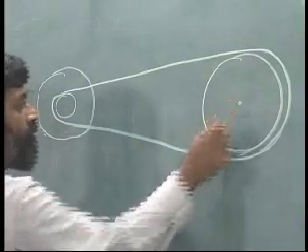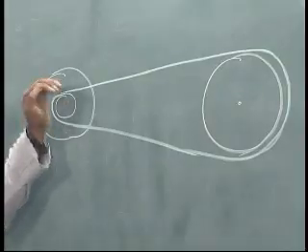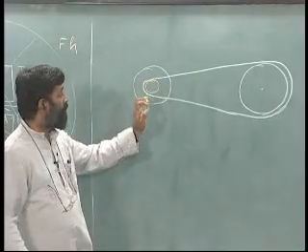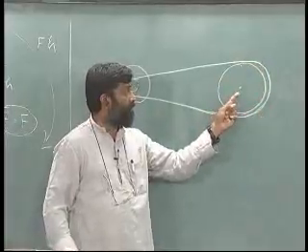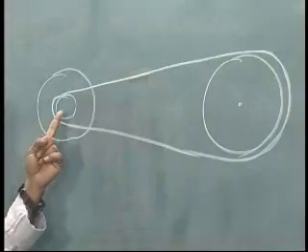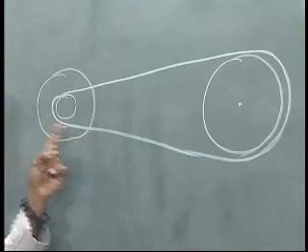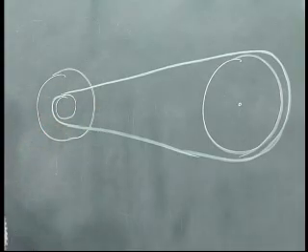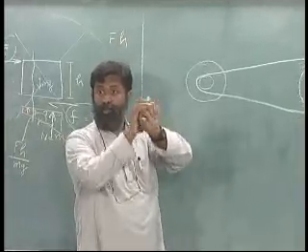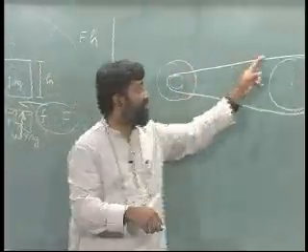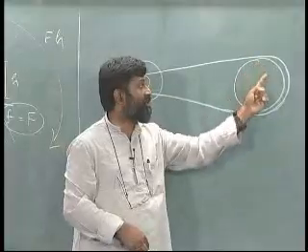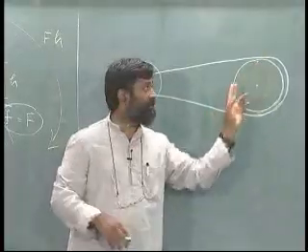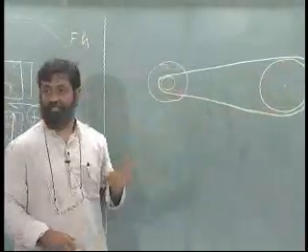So, what is basically happening is when this is rotating, the friction between the pulley and the belt, the belt has a friction on this rotor, that takes it up along the belt and transfers that friction through this, so that this rotates when this rotates.